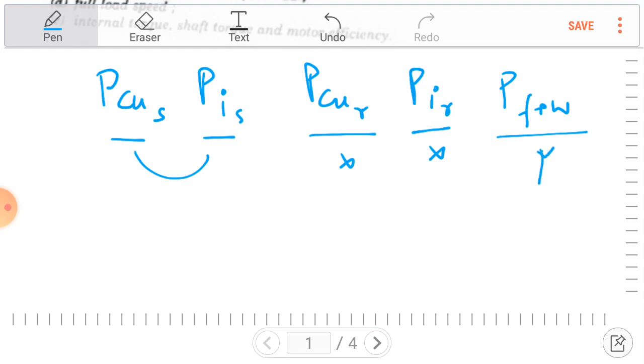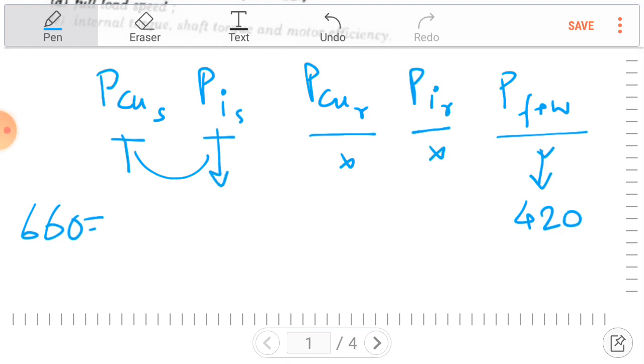And we know that friction plus windage loss given is 420, and total power at input is given as 660 watt. And we have to find the core loss at the stator side. So copper loss at stator can be found by 3I square R. The current is given as 8 ampere, so 8 by root 3 is the phase current.